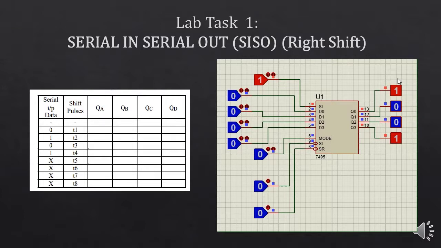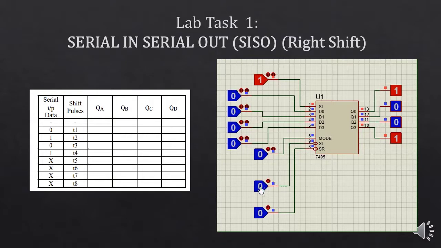As we are using the serial in, serial out shift register, you are going to use only the Q3. Then it will be considered as serial in and serial out. So when I press the toggle switch again, the data will be serially out. Here you can see this is our first bit.